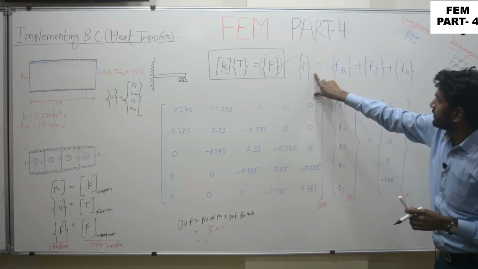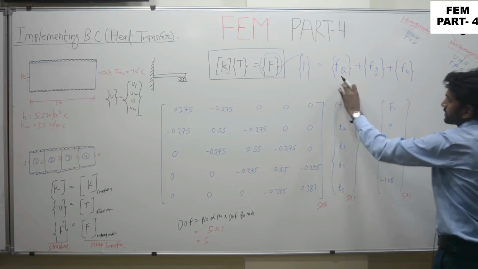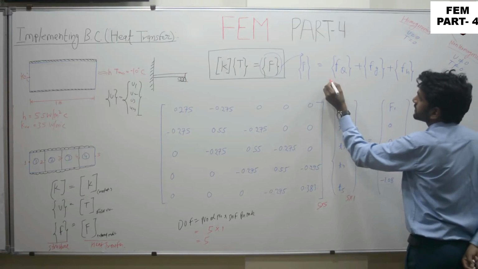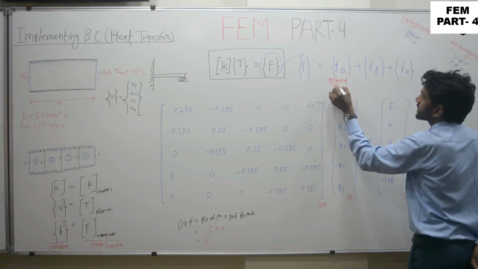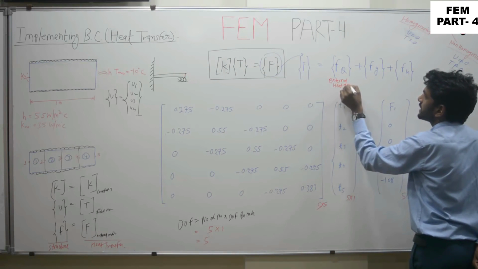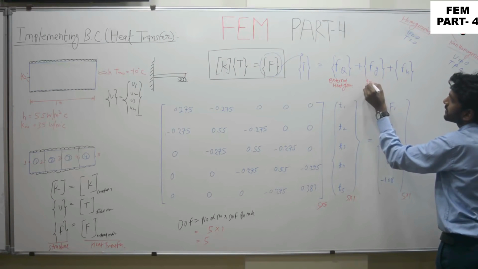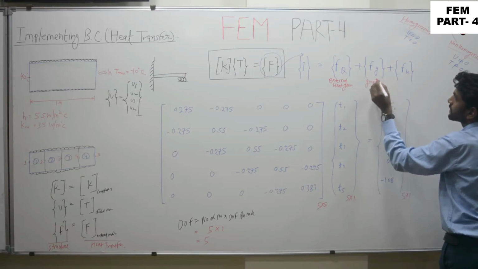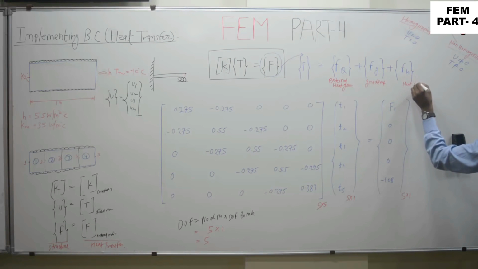Now see, the right hand side or the external conditions, the column vector F having 3 subcomponents. FQ means external heat generation, it is due to the gradient, and this is due to convection.